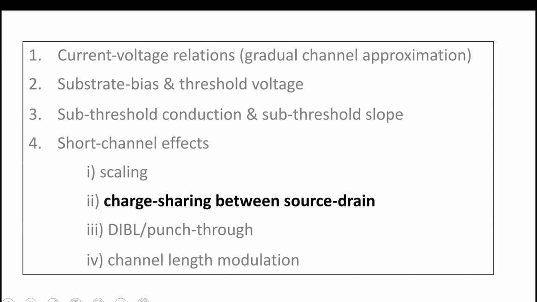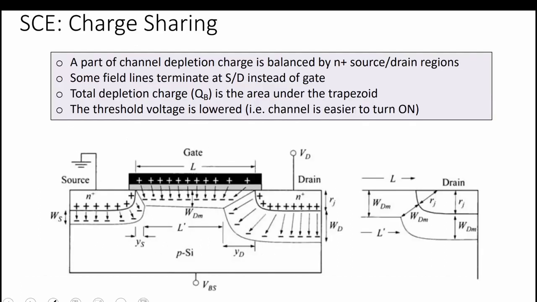Now because of this scaling, short channel effects come in. Charge sharing between the source and drain: if we are decreasing the channel length, there is a depletion region in this region and in this region.